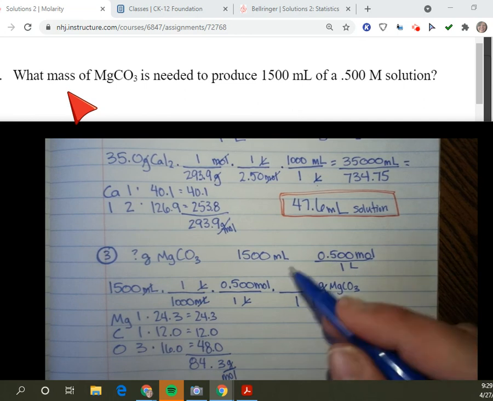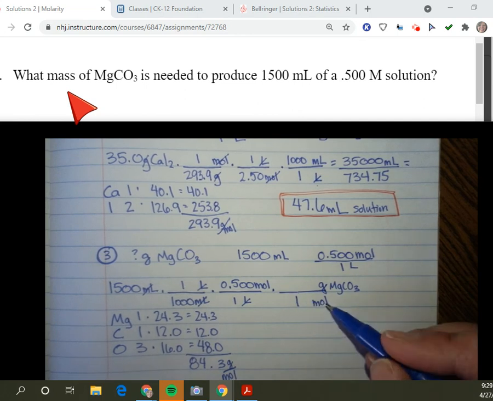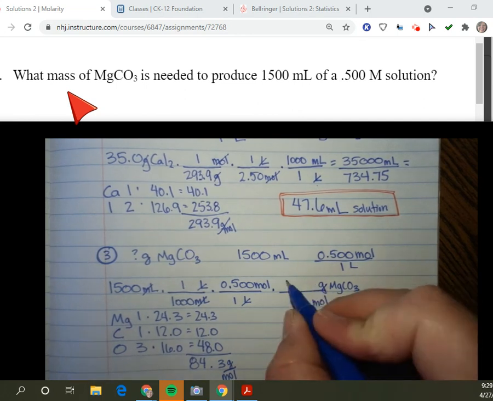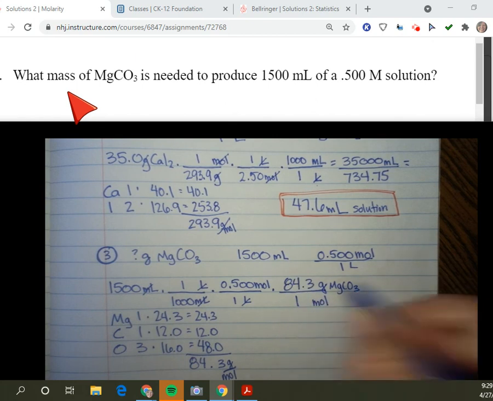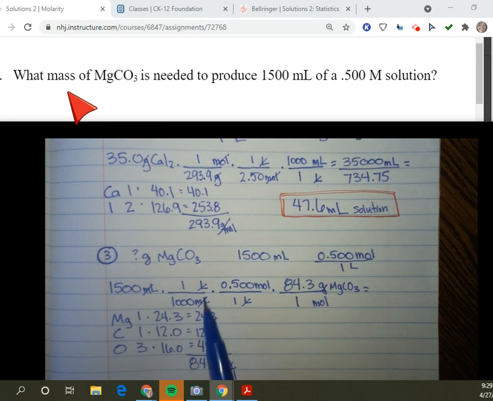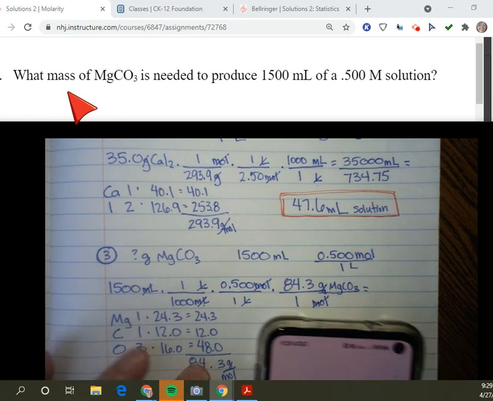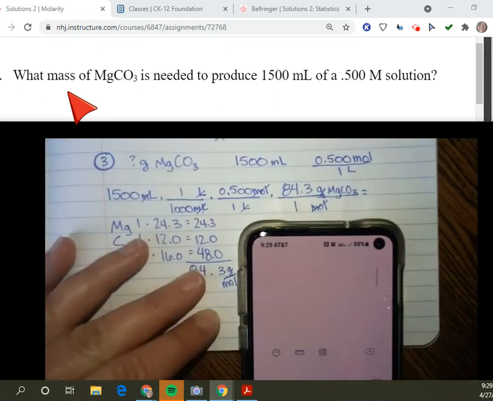So this is a good example of how you just have to follow your units to know where your number is going to go. Okay. So milliliters canceled, liters canceled, moles canceled. And we're left with grams of magnesium carbonate, which is what we're asked for. So now we can go ahead and we're going to multiply straight across. So let's get that in there.